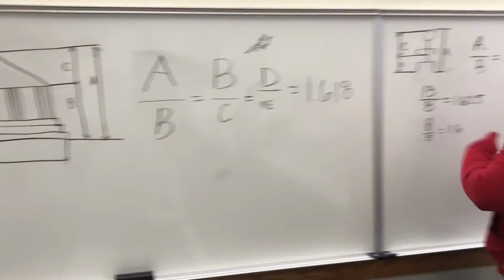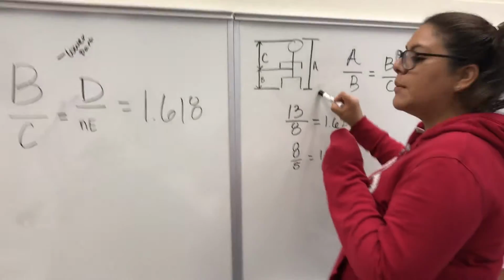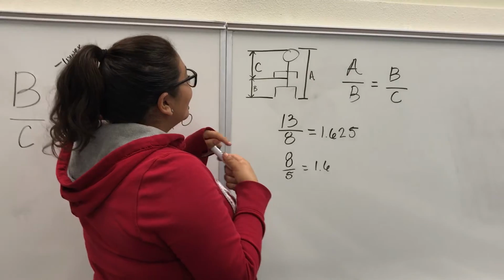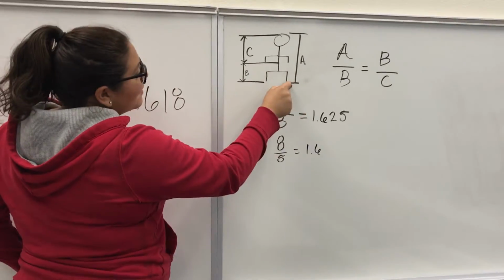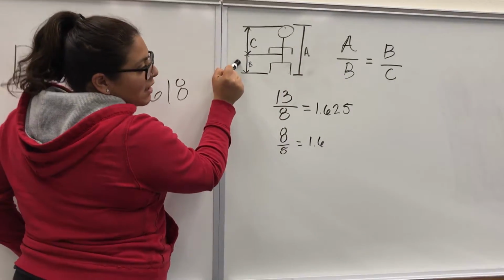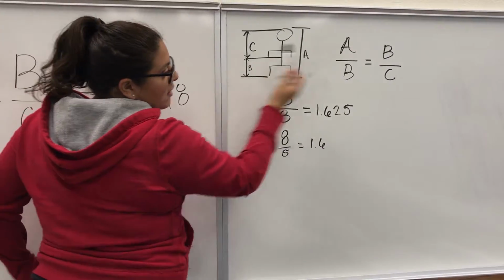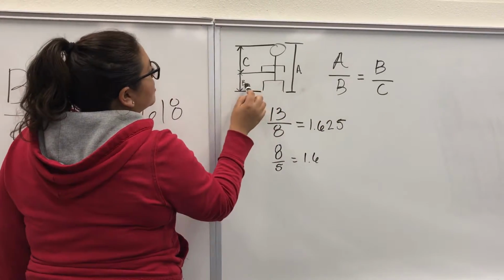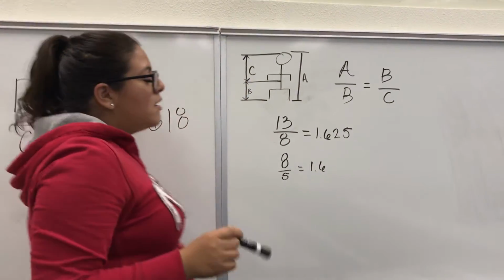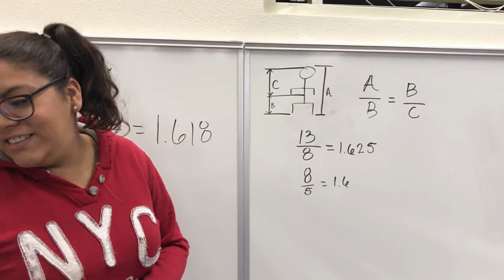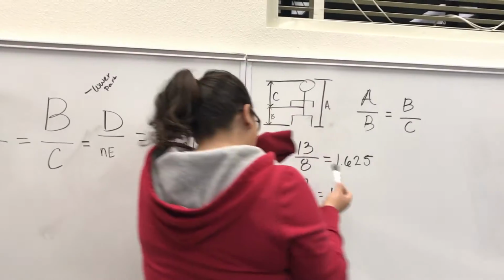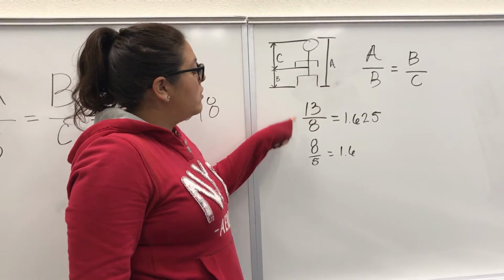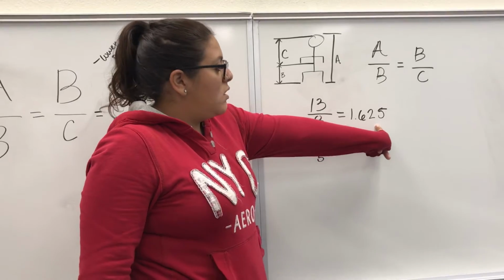Another thing is about the human body. Can you see? This whole length right here corresponds to the lower length right here, which is also the same thing as B corresponding to C. And this guy, Phidias, came up with the body being 13 over 8, equaling 1.625.